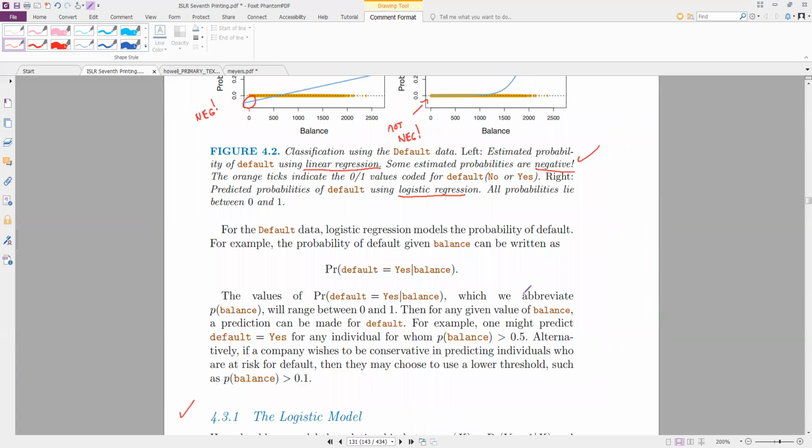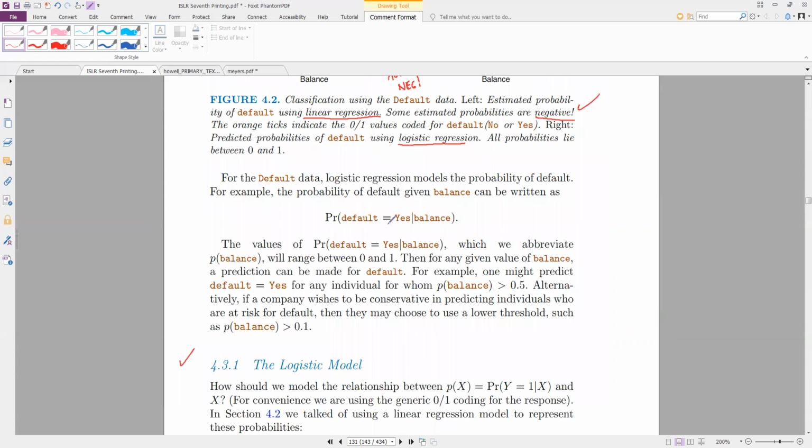Logistic or discriminant analysis, but our first consideration here is logistic. So you want to model the probability that you default yes, given your balance. This is your predictor, and there's your response. Notice that's a conditional probability. So we can predict default yes for any individual for which the probability given the balance is greater than 0.5.